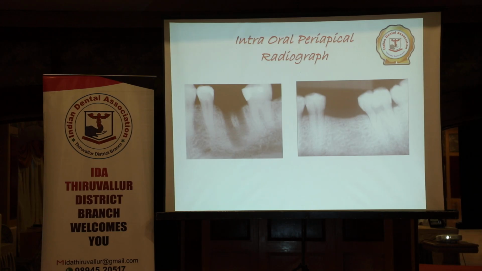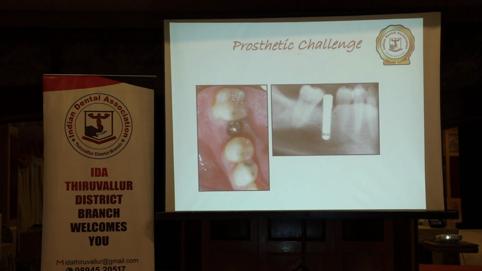If any flaw is revealed in the IOPA, I'm going to stop my planning at that stage, allow it to heal for another 1 or 2 months and then go for a repeat IOPA and then plan for the CBCT. So again, prosthetic challenge: if a tooth has migrated towards each other, build up the restorative space first, because you have placed your implant successfully but now your prosthesis is going to be compromised.